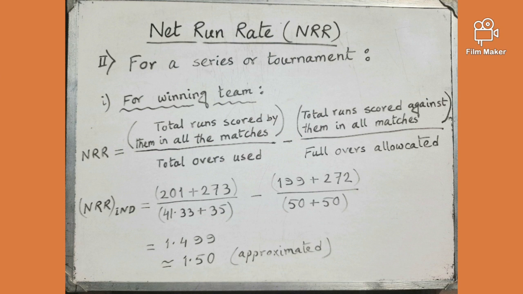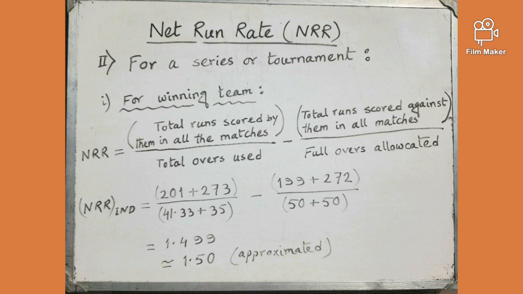How the net run rate is calculated here: the total runs scored by the team in all the matches divided by the total overs they used to score the runs, minus the total runs scored against the team in all the matches divided by the full quota of overs allocated. That means here that will be 50 overs in each game.